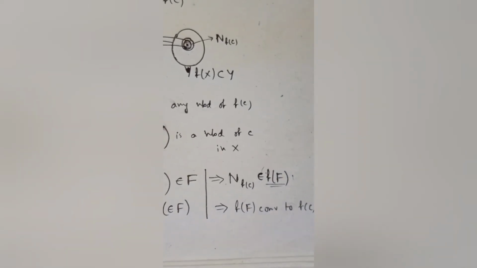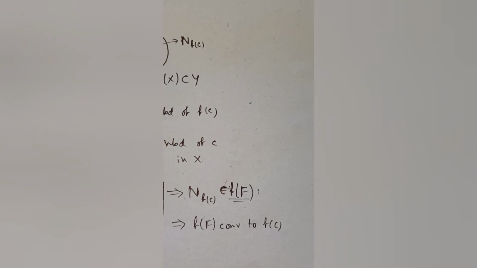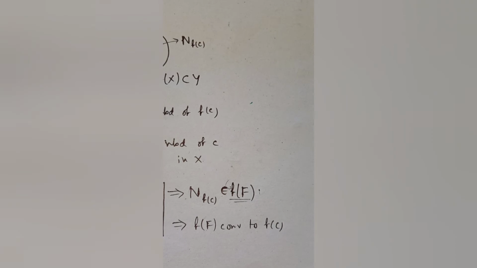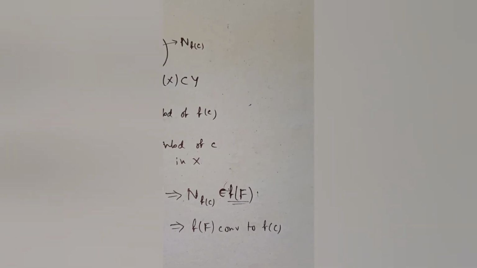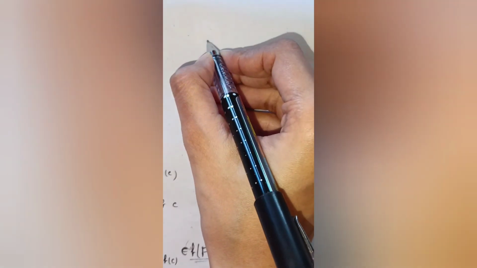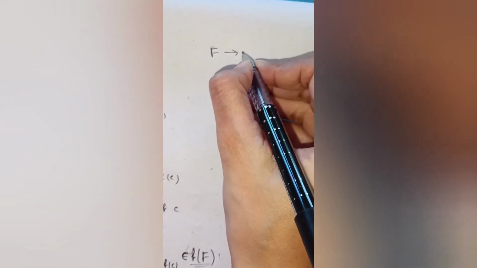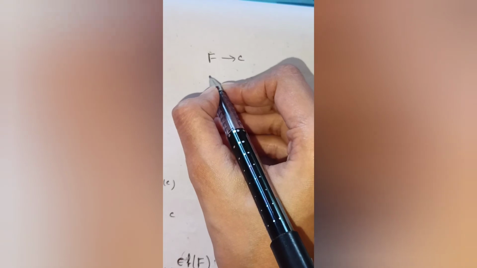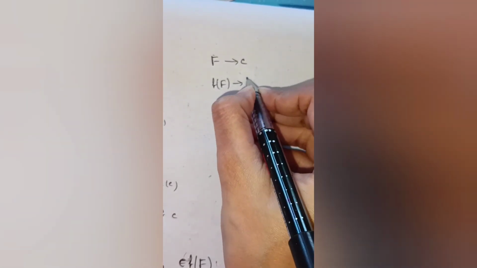Now to prove the converse, which is that for every filter F in X that converges to c, the f image of F converges to f(c), we need to show that f is continuous. So whenever there is a filter F in X that converges to c, f of F converges to f(c).